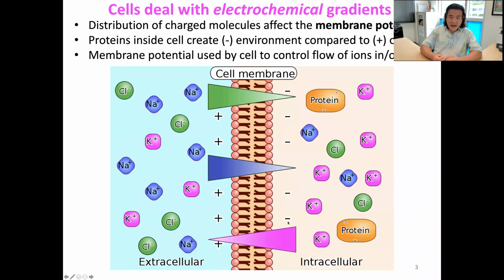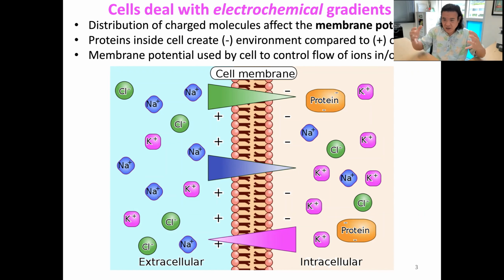So not surprisingly, in a living cell, simple diffusion of things across a membrane plays only a small part of the more complicated, coordinated effort of moving things back and forth. Because in a living cell, you're not only dealing with the size of molecules and whether or not they're hydrophilic and hydrophobic, you are dealing with charges.